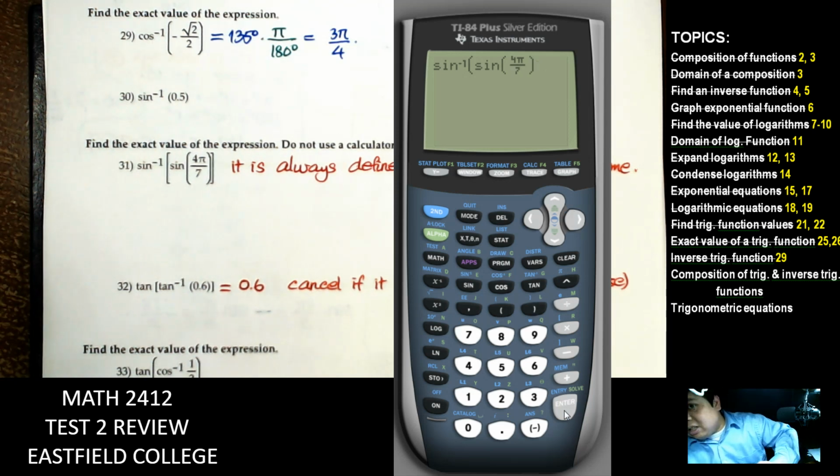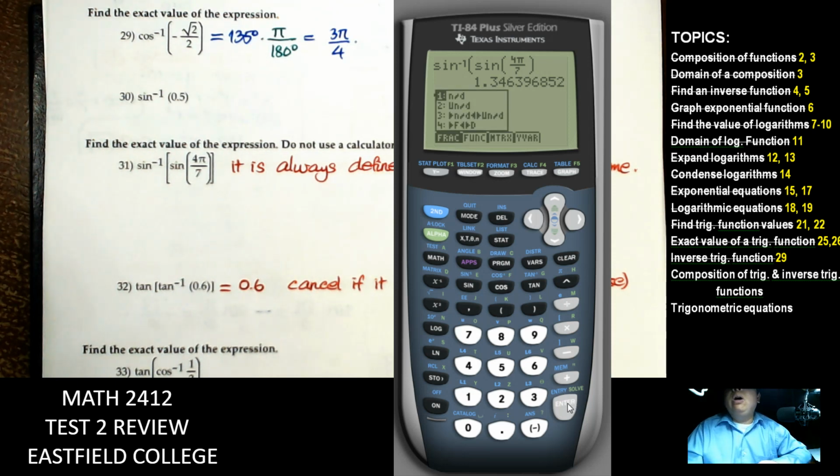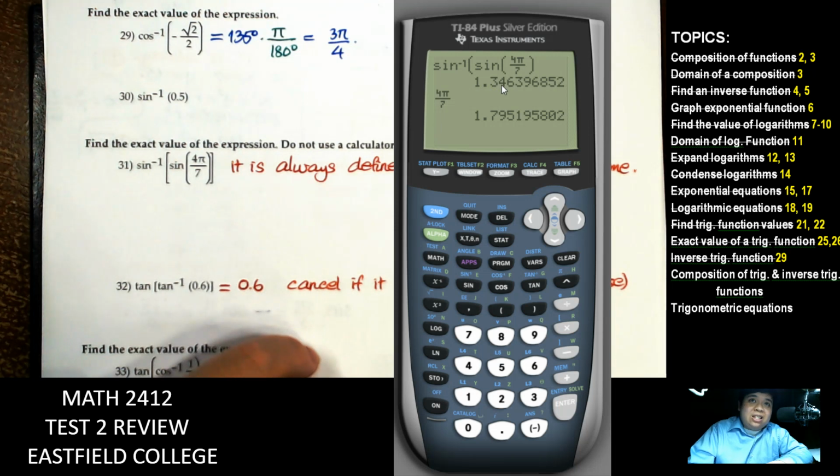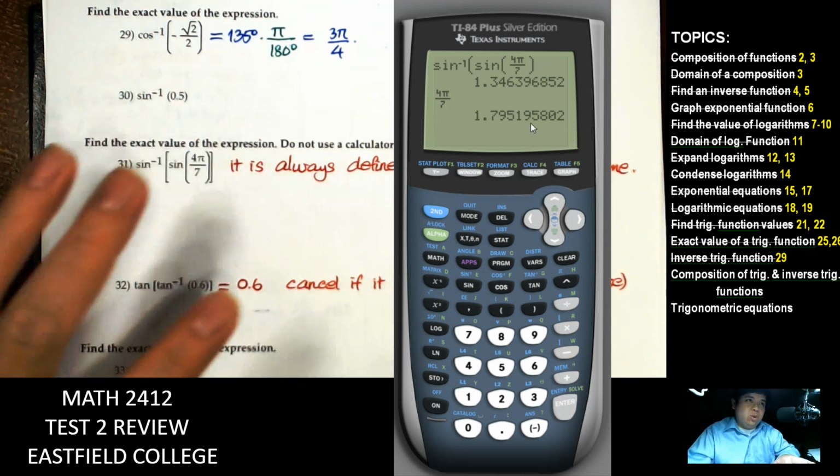Right, and we do that. We have 1.3461. Right, now let's do 4 pi divided by 7. So you see, the actual answer is less than that. 4 pi over 7 is 1.79, so it doesn't cancel here.